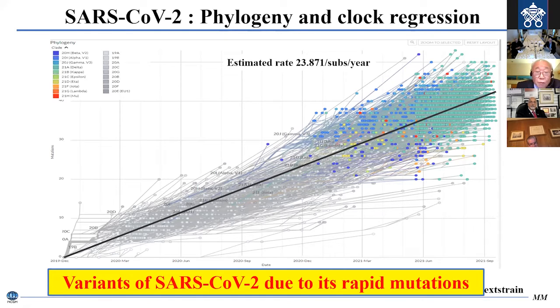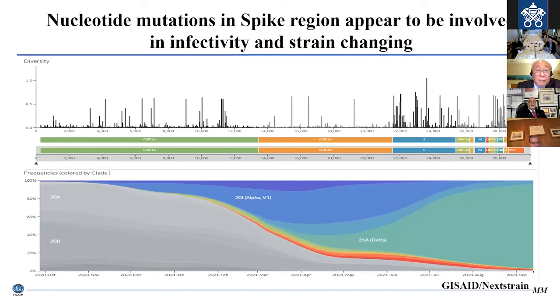But the more important thing is here. These are nucleotide changes and amino acid changes. This is the genome structure: you can see ORF1B, spike, and ORF1 to 3 to 10.